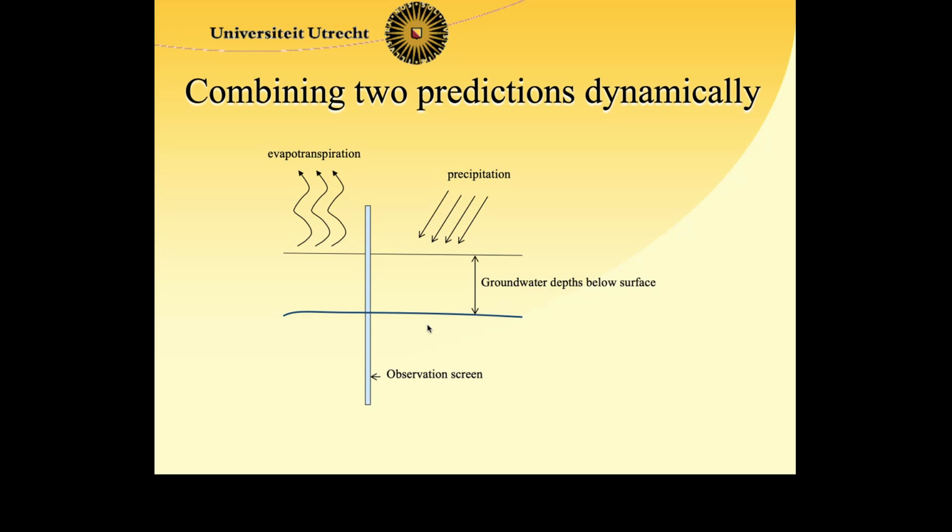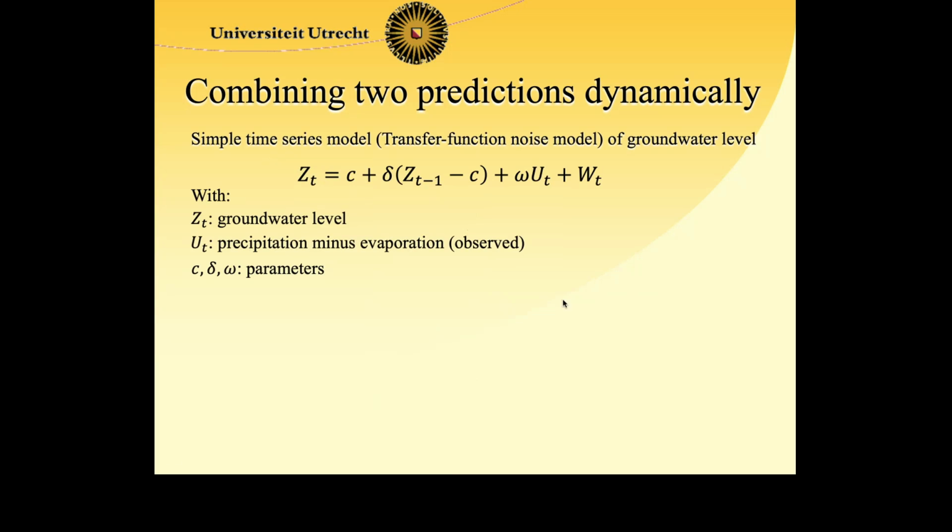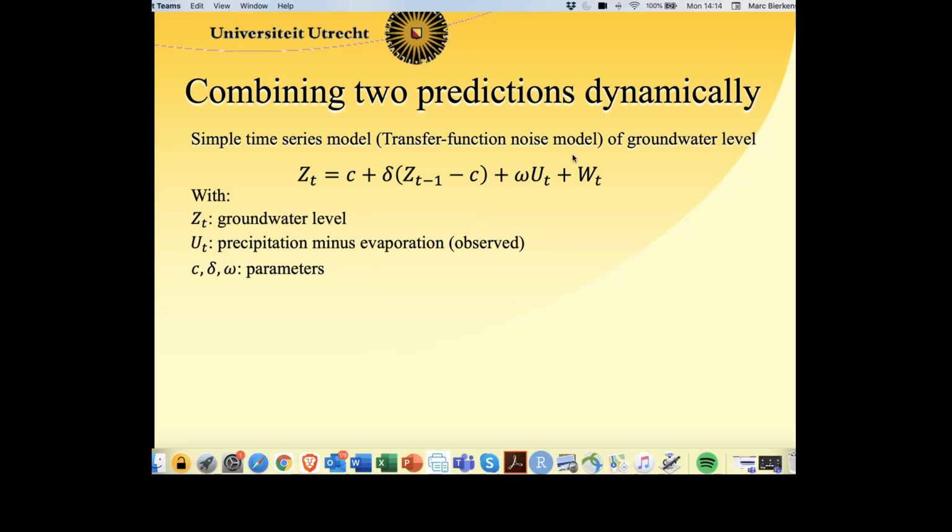So let's go ahead and do that. To do that, we build a very simple transfer function noise model. We saw that in chapter 6. This is a very simple transfer function noise model with one autoregressive part. So Z at a certain time, which could be water table depth or water table elevation, depends on the average water table elevation c plus delta times (Z_{t-1} minus c).